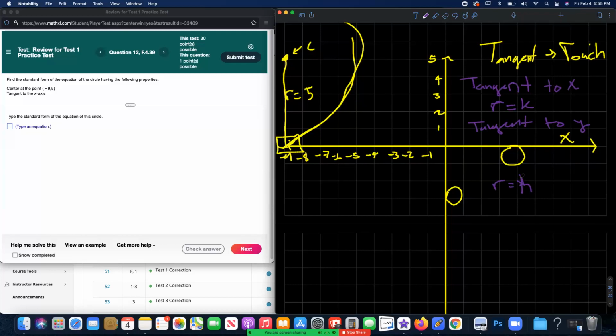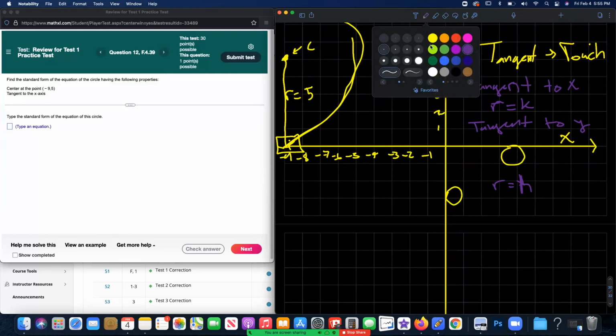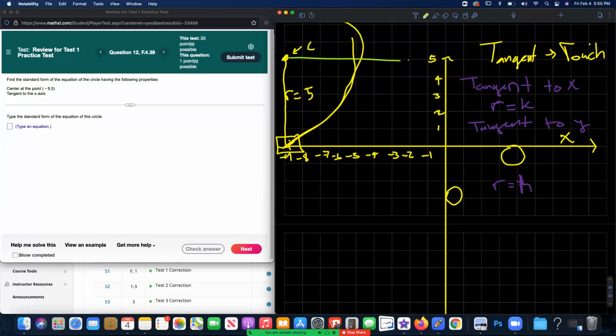You're absolutely correct. Because if I said, hey, it's tangent to the y-axis, then we would be looking at, let me use a different color here, a circle that looks somewhat like this. So this would be tangent to the y-axis. Something like that, and therefore parallel with your H. Yeah, with your H. So I say all that to say this.